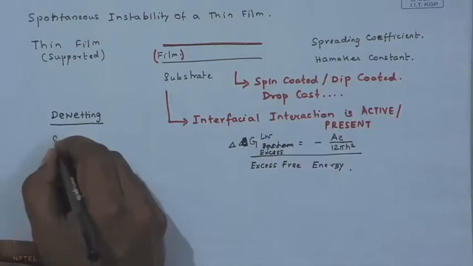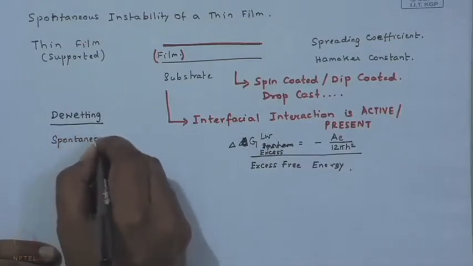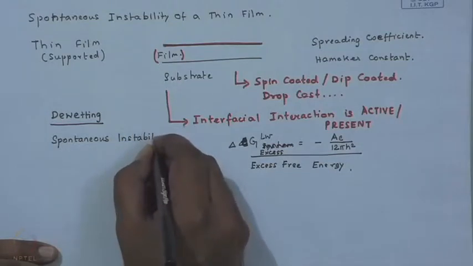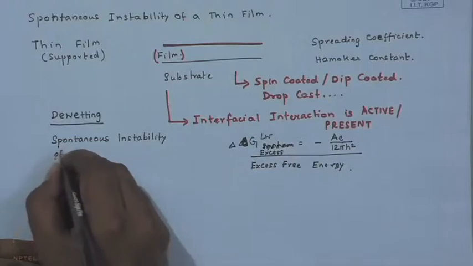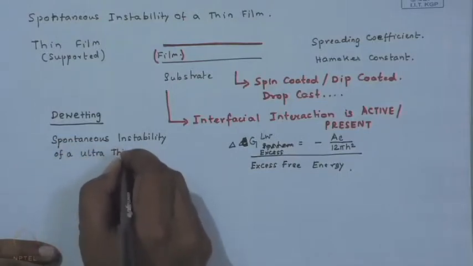So, we will first talk about bulk dewetting of a liquid drop, let us say, on a solid surface, and then eventually extend this idea in understanding the spontaneous instability of an ultra thin film.